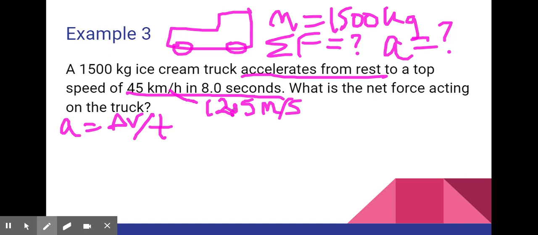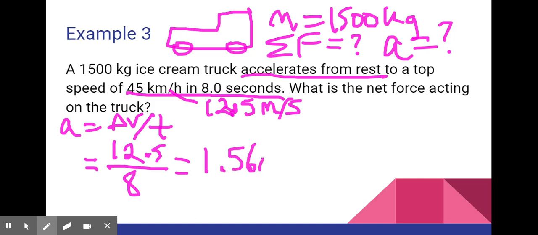All right, so now we can go ahead and calculate this out. Our change in velocity is going to be 12.5 divided by our time, which is 8 seconds. That gets us an acceleration of 1.56 meters per second squared. And now we can plug that into our net force equation.